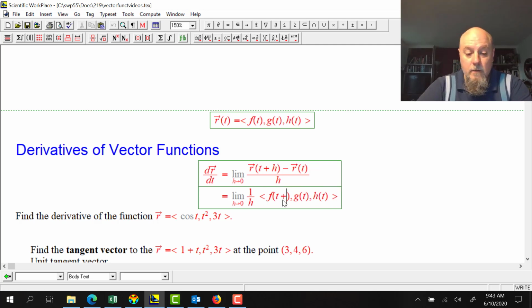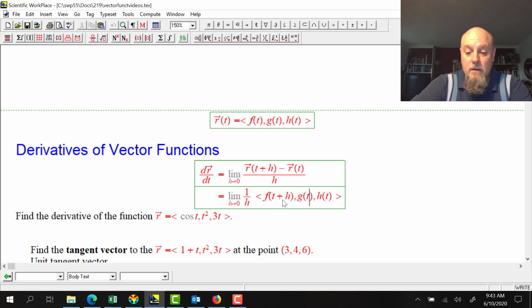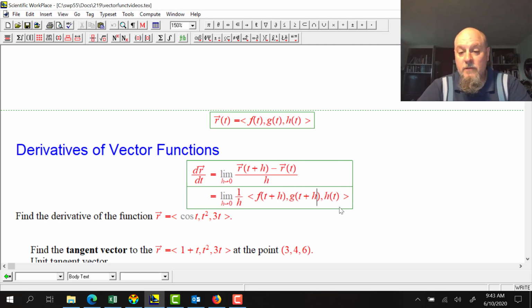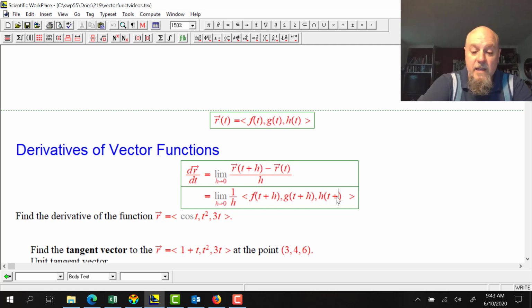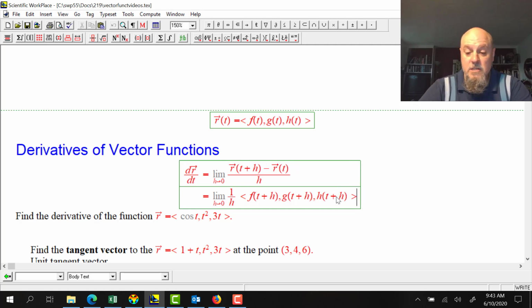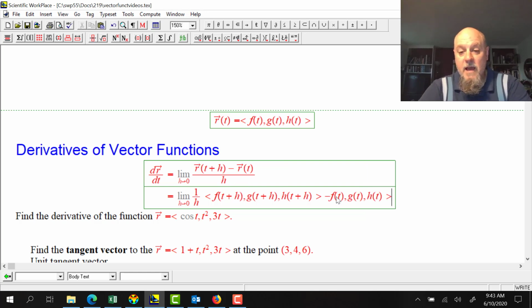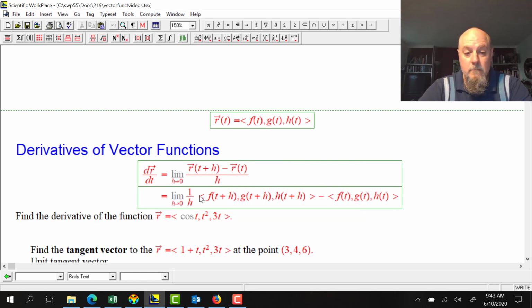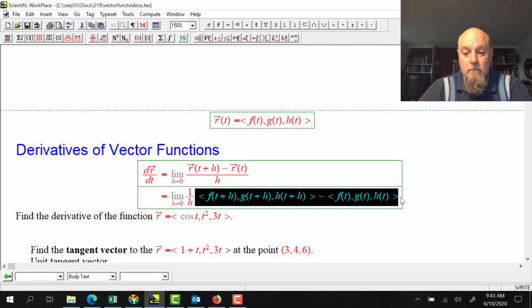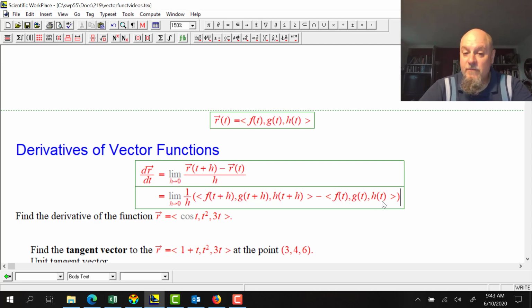So t plus h, plus h, plus h. Now I'm showing it in 3 dimensions. It works in any dimension, minus the actual function here. So this should all be in one giant bracket. So there's our limit definition.